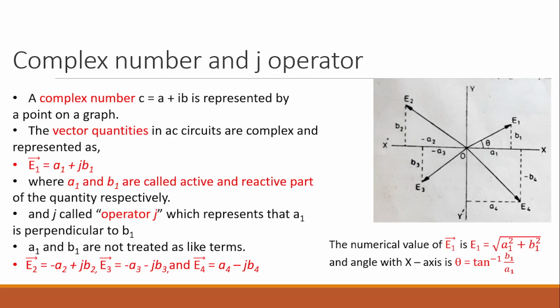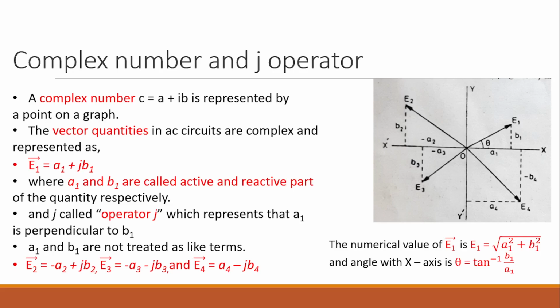It has active part minus A3 and reactive part minus B3. So it is minus A3 minus jB3. What about E4? It has active part plus A4, while reactive part is minus B4. So vector E4 equal to A4 minus jB4.